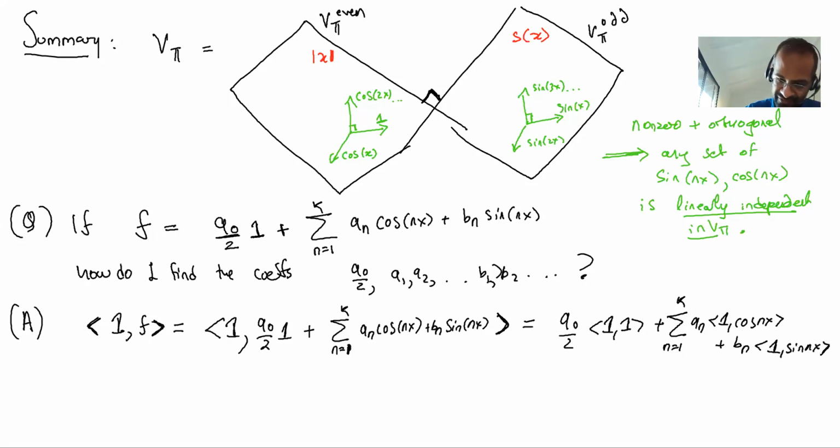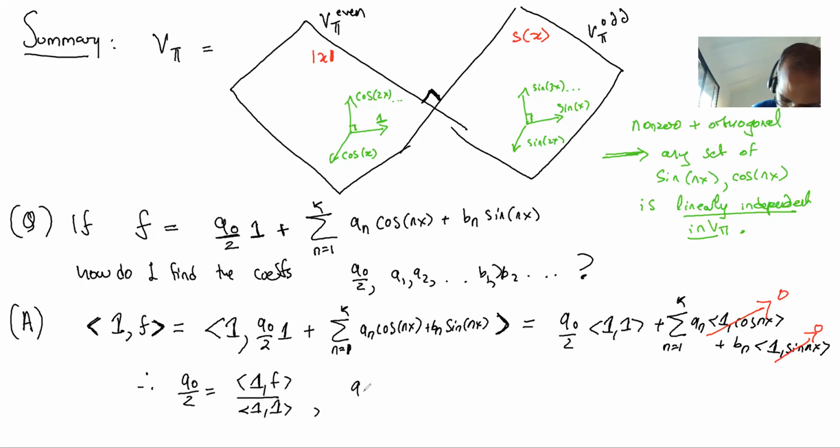And now the nice thing that happens is these go to 0. Why do these go to 0? They're orthogonal, yeah. Same reason as before in chapter 6, what we wrote above. By orthogonality, you get that a naught over 2 is equal to the inner product of 1 and f over the inner product of 1 and 1.